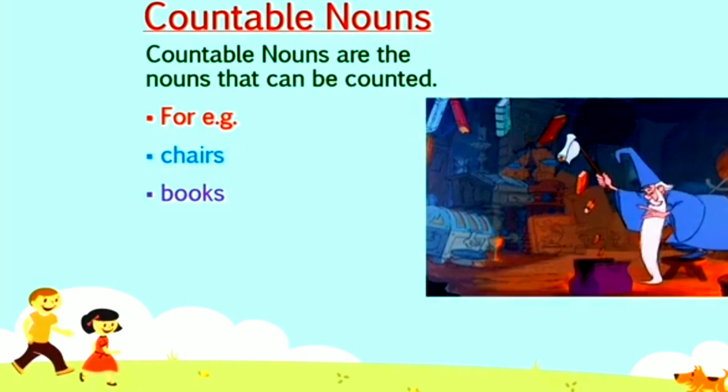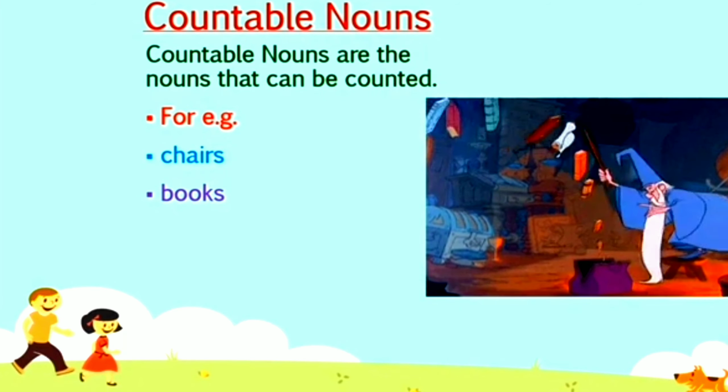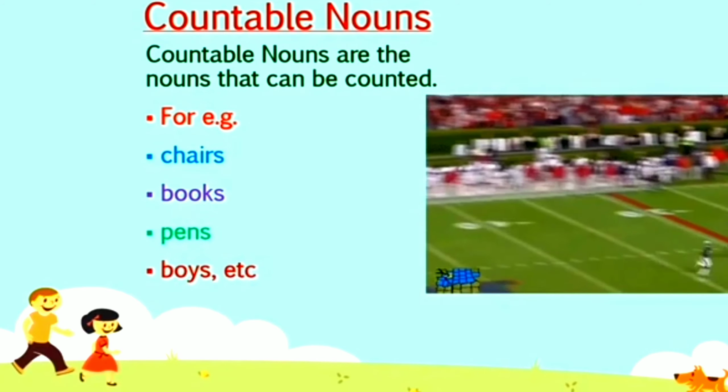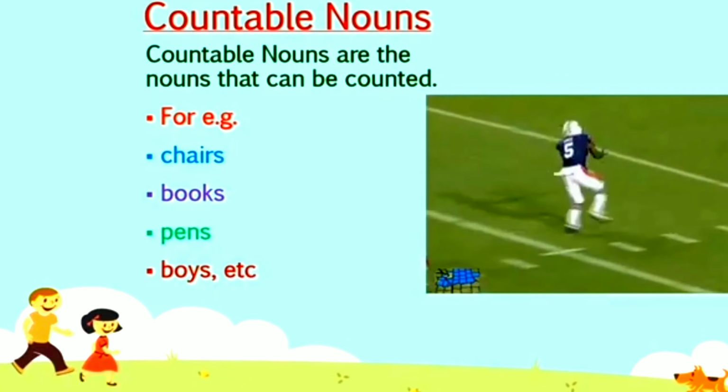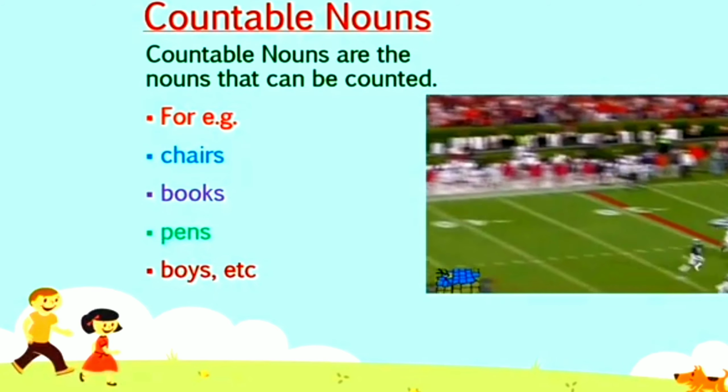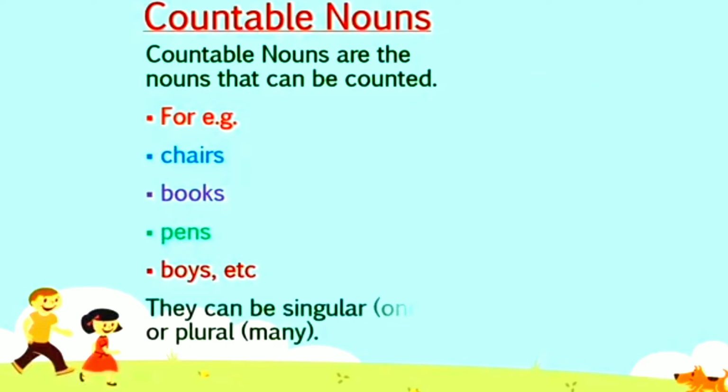We can count books, so they are called countable nouns. Pens, boys, etc. Because we can count these things, that is why we call these nouns countable nouns. They can be singular, that is one, or plural, that is many.